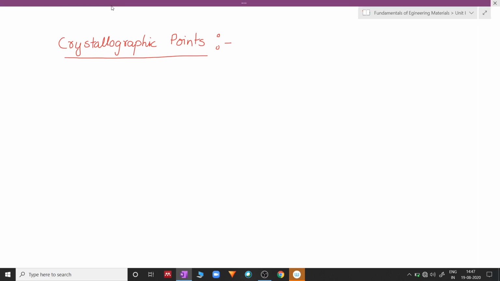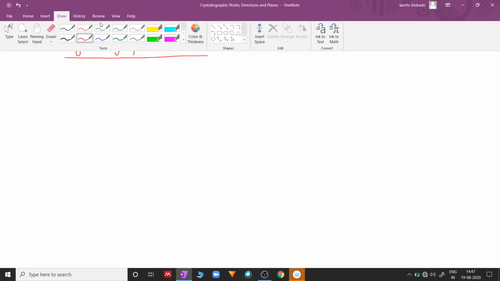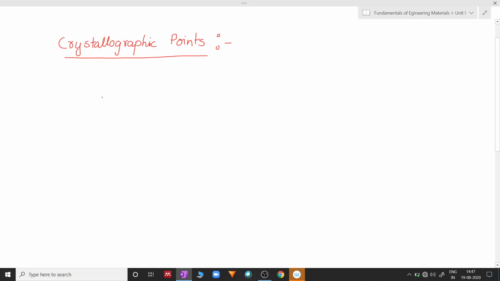So let us start with one example by drawing one unit cell. Let us say this is one unit cell.